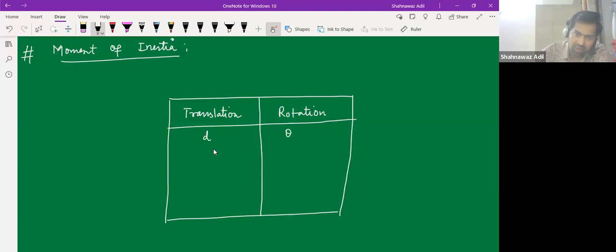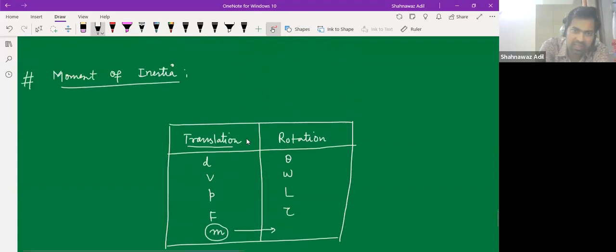Here we have velocity, here we have angular velocity, right? Here we have momentum, here we have angular momentum, here we have force, and here we have torque, right? And in the last, we have mass in translation motion. So what is the rotational analog of mass?